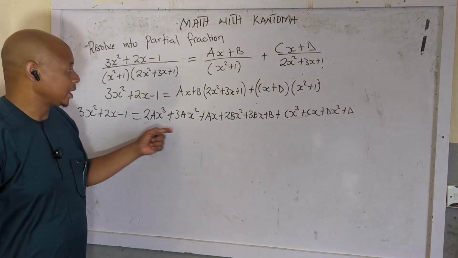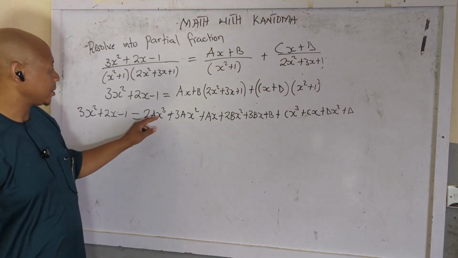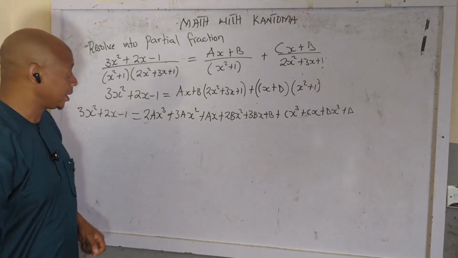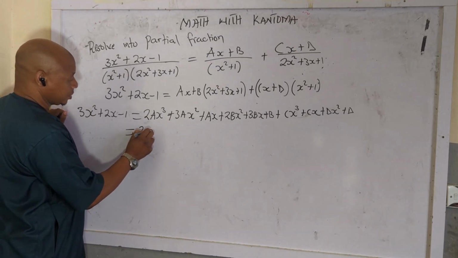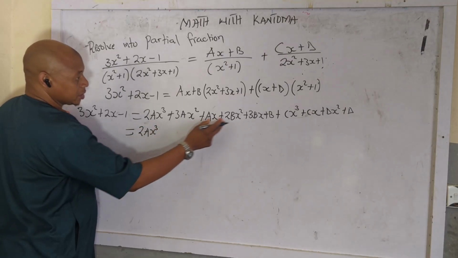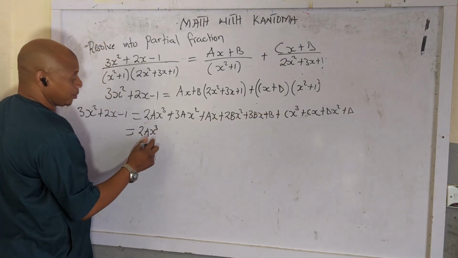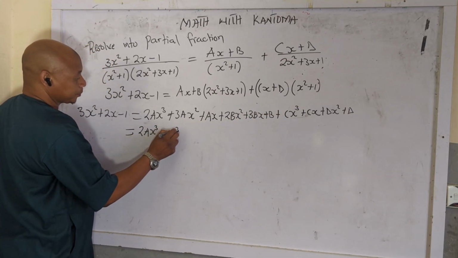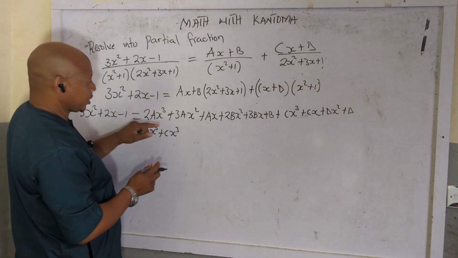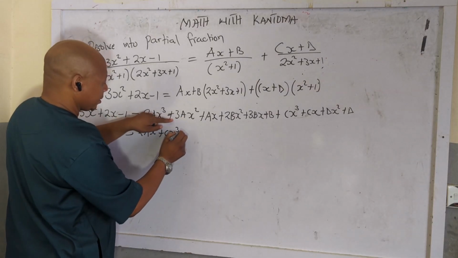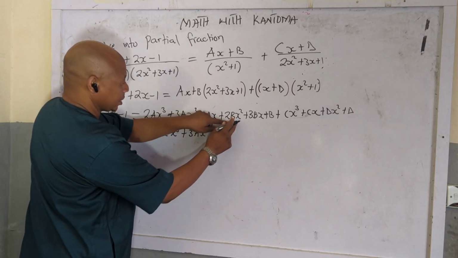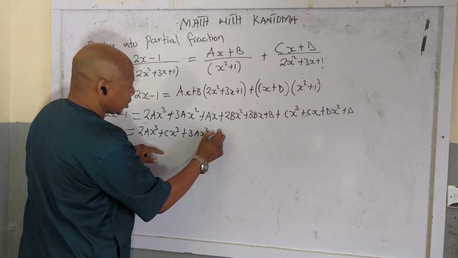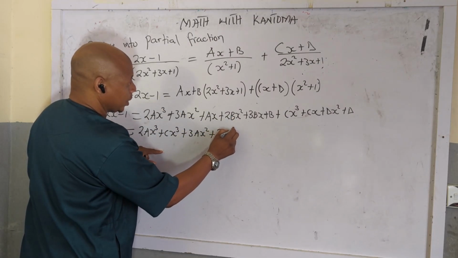So next we can collect the like terms together. Those with power x, we collect them together. So here we said this is with x cubed, ax cubed. Anything with x cubed, we collect it together. We have plus cx cubed. And that is all. Then we collect those with x squared. We have plus 3ax squared. This is another x squared. We have plus 2bx squared.